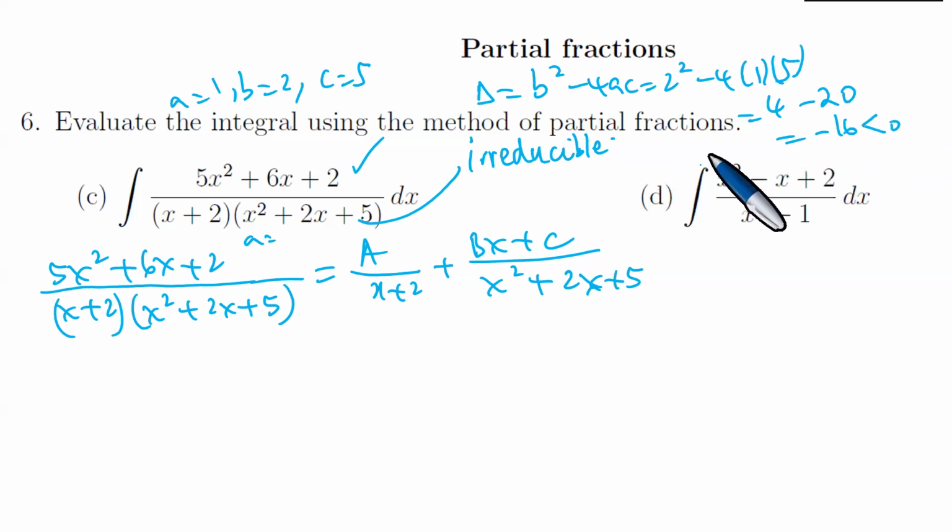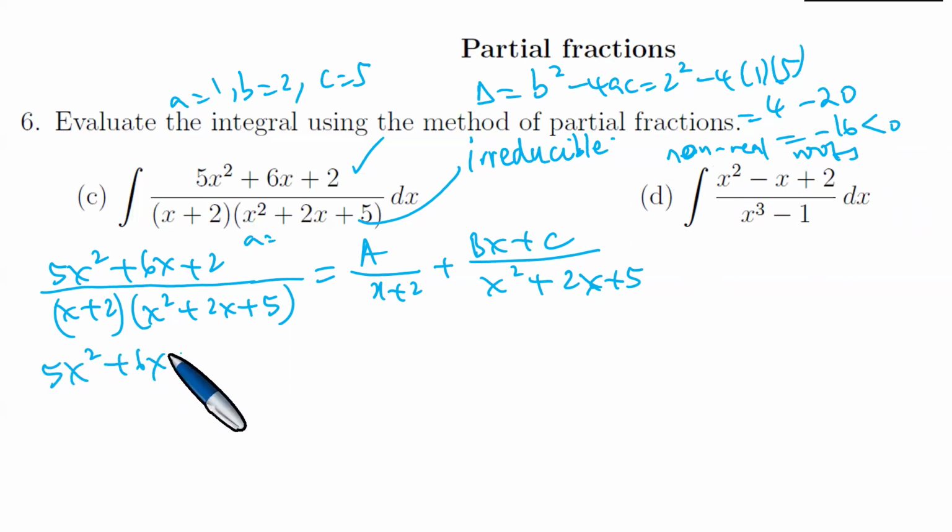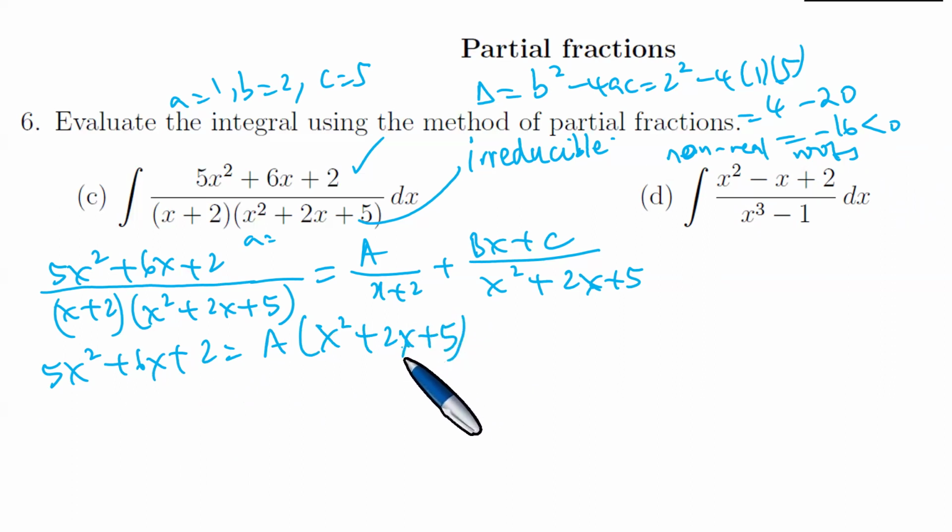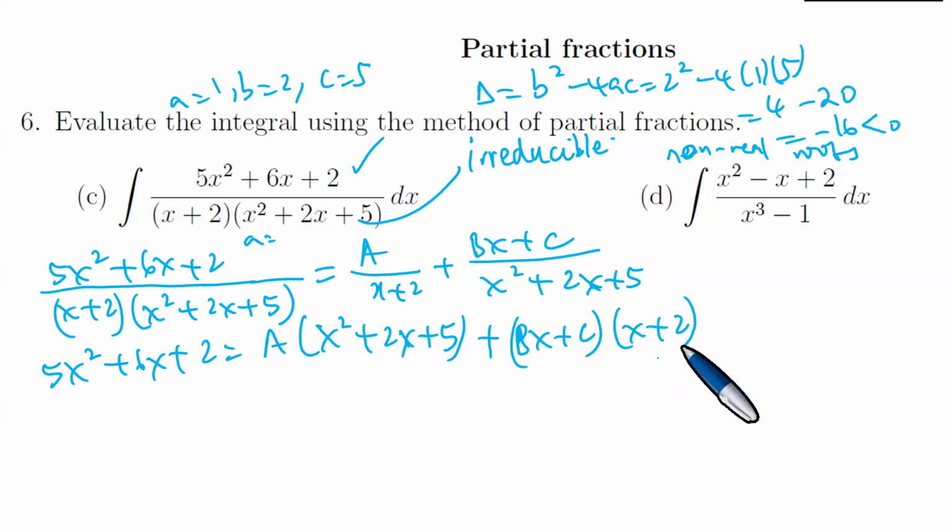Negative, and obviously you would have non-real roots. By dint of that, you have this one, 6x plus 2. You cross multiply, which is exactly x squared plus 2x plus 5. Okay, and then we have x plus 2.